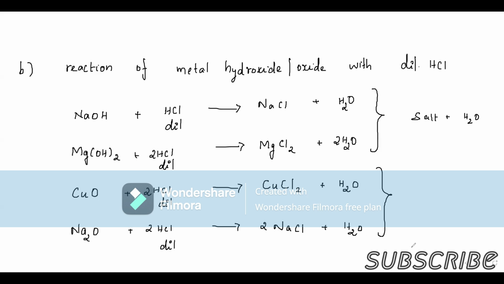No gases are released here, so they cannot ask a question like "Suggest a test for the gas here." It is just salt and water. So what is our conclusion here?